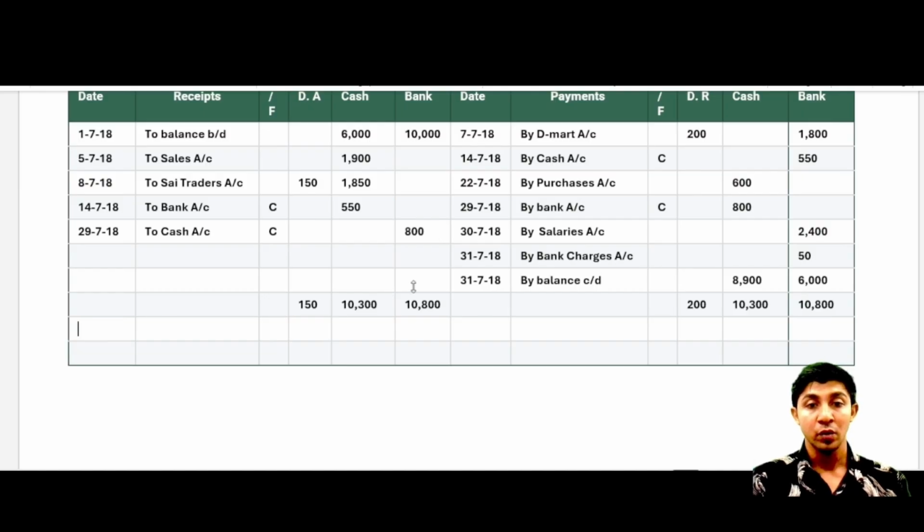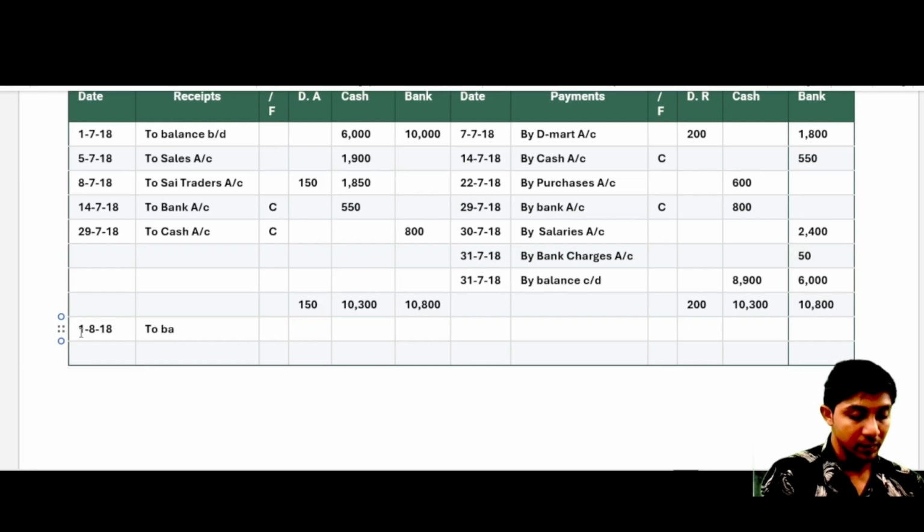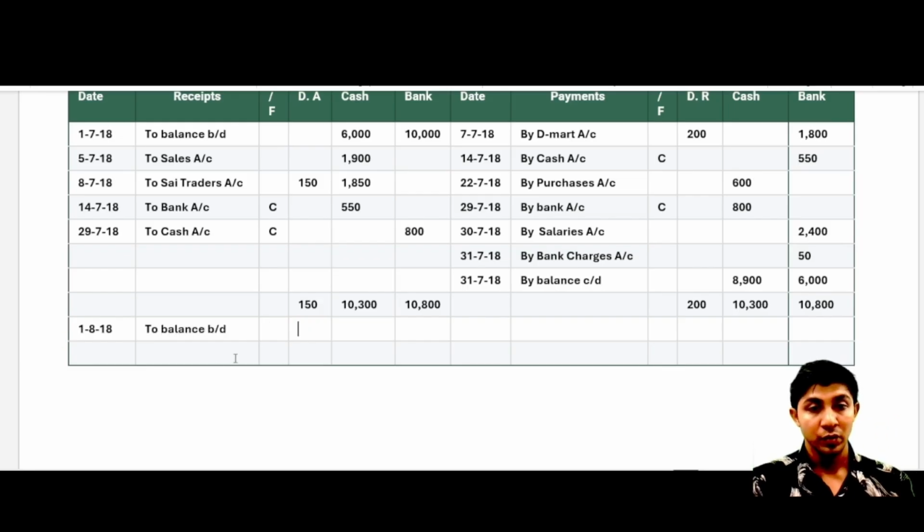So it will jump from the credit side and appear in the debit side. The date will change. अगले महीने की पहली तारीख आ जाती है. So 1st August 2018 to balance brought down B/D. So the amount of cash is 8,900 and the amount of bank is 6,000.